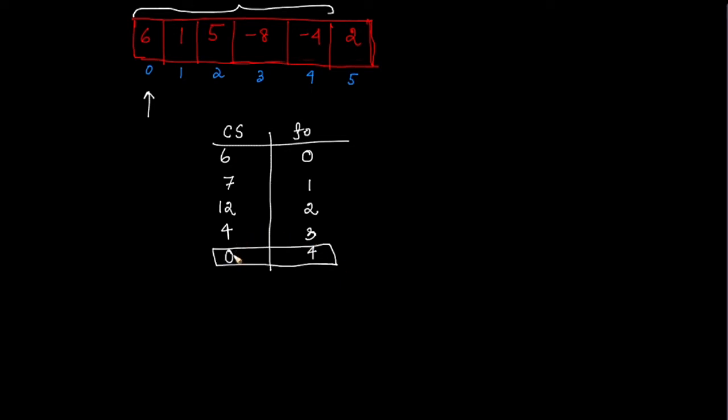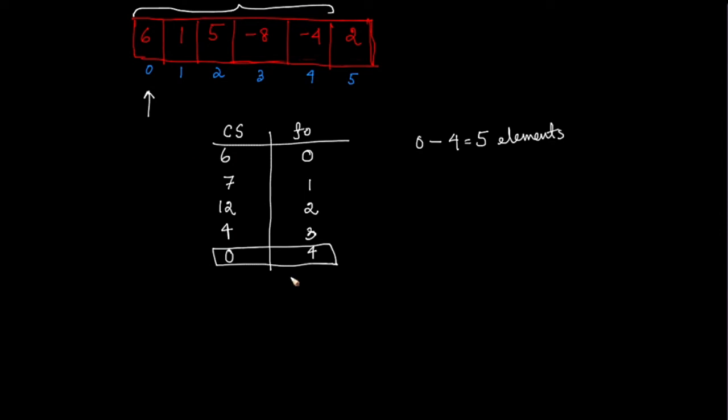Only then you would say, okay, 6 already came, so the subarray length will be 0 minus 4, which is 5 elements. But the sum is coming out to be 0, not 6 in this case.